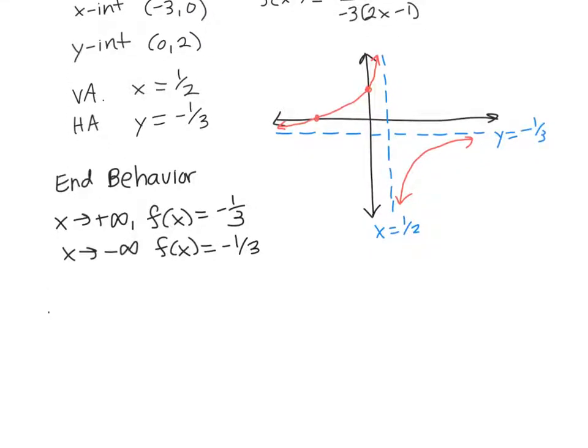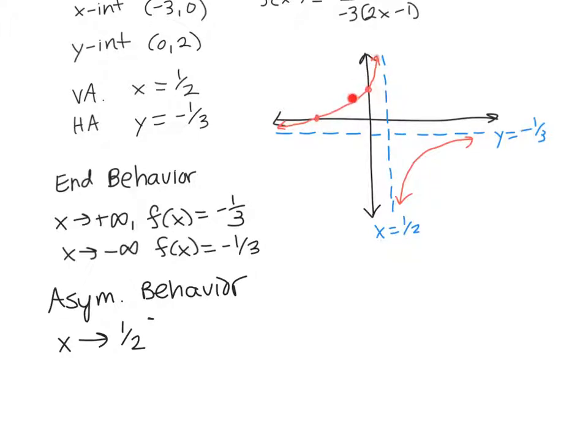So asymptote behavior is a little new. It's essentially describing what is happening to our graph as we approach any vertical asymptote from the left and the right. So first, let's talk about notation. I'm going to start by writing this as x approaches 1/2. That's where my asymptote is. And then I'm going to put a little minus sign right here, which means from the left.